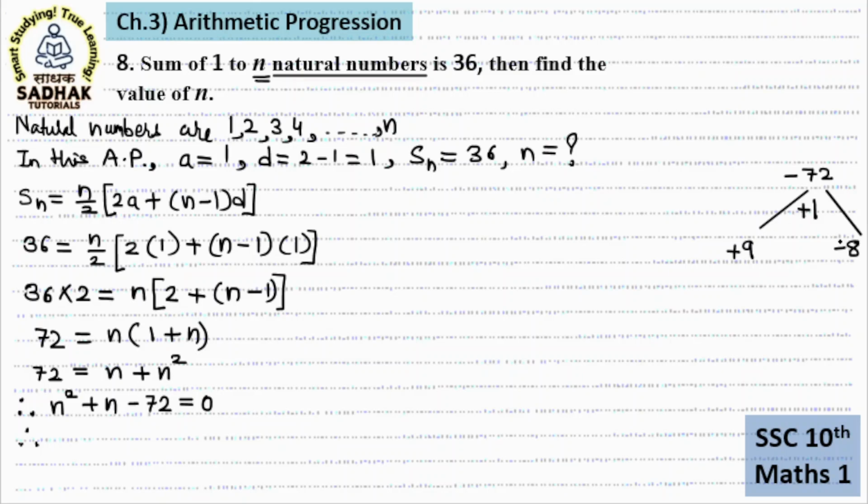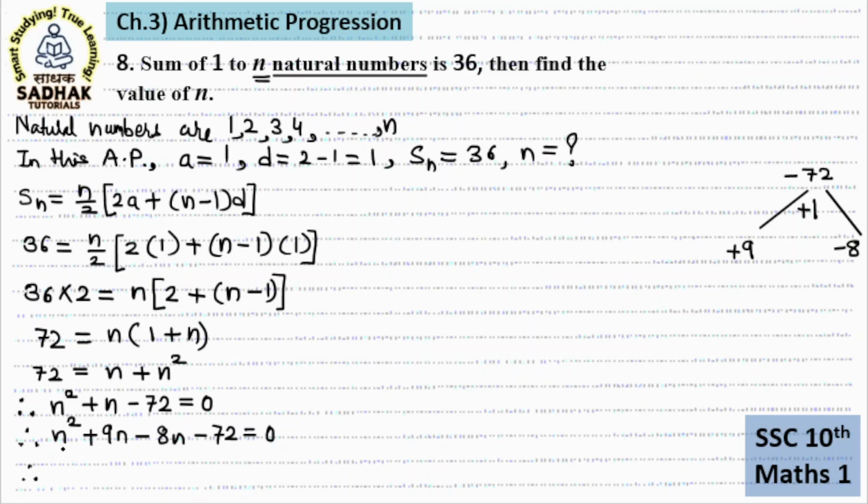So plus 9 multiplied by minus 8 will give us minus 72, and plus 9 minus 8 will give us plus 1. So these factors we use for splitting the middle term. So I can write n square plus 9n minus 8n minus 72 is equal to 0.